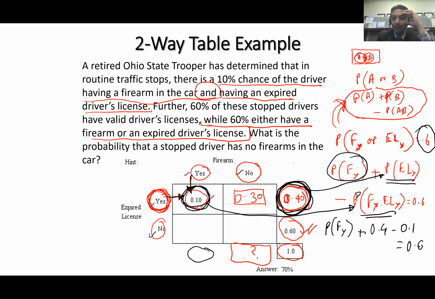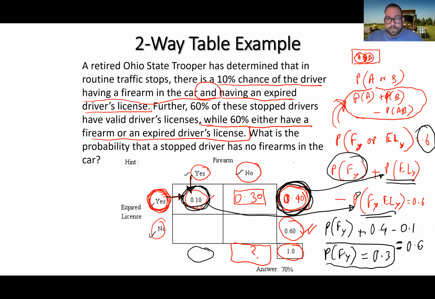And so now what is the probability of having a firearm? 0.3. So if you take the plus 0.4 and minus 0.1 and you take it to the other side of the equation, that becomes plus 0.3, and so 0.6 minus 0.3 becomes 0.3. So probability that a stopped driver is having a firearm is 30%.